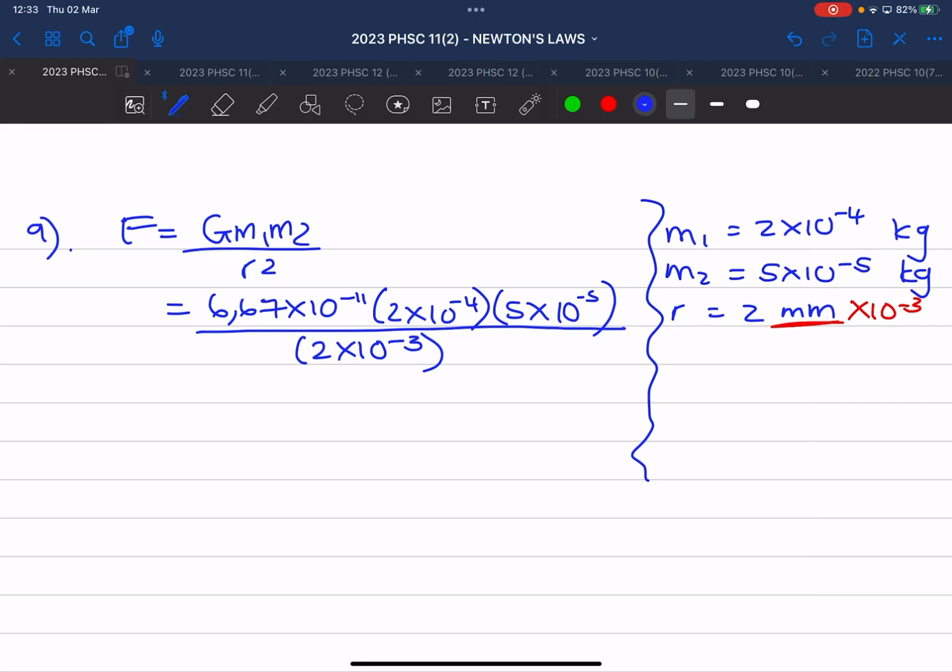Moses is going to do the calculation. From you, I want to know Newton's gravitational law in words. I'll do the first part.